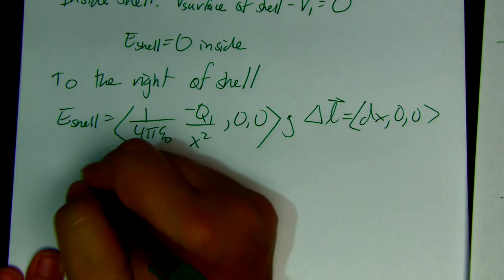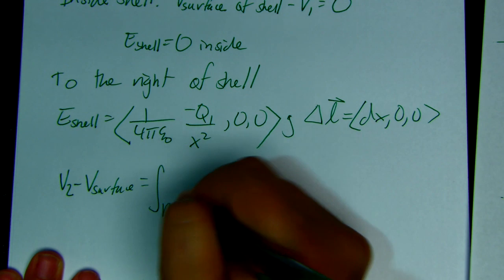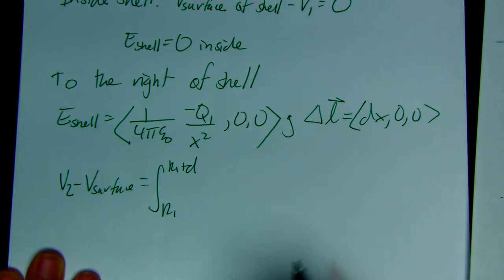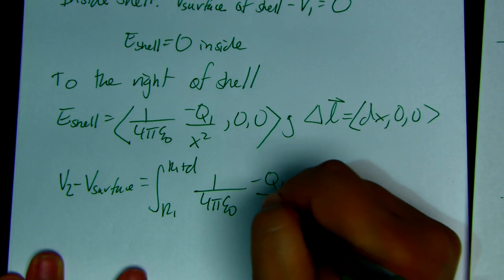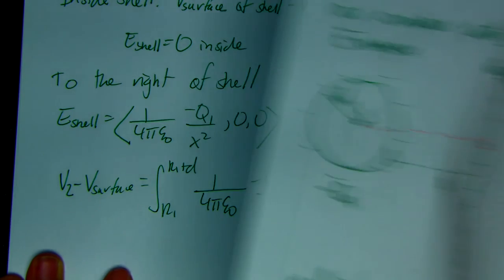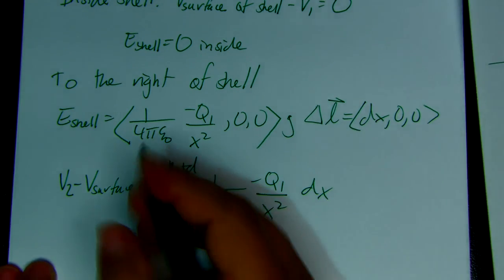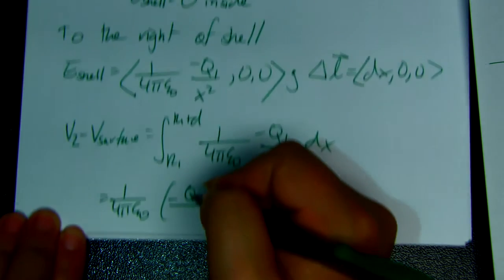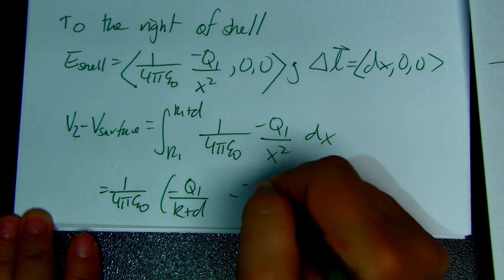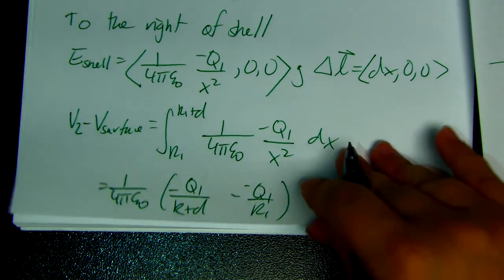All right, so V2 minus V surface is equal to the integral from R1 to R1 plus D of 1 over 4 pi epsilon naught times minus Q1 over x squared dx. So this is going from here to here: 1 over 4 pi epsilon naught times minus Q1 over R plus D minus minus Q1 over R1.